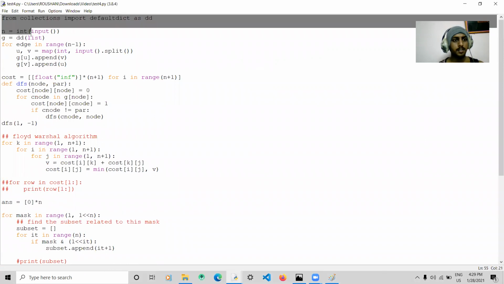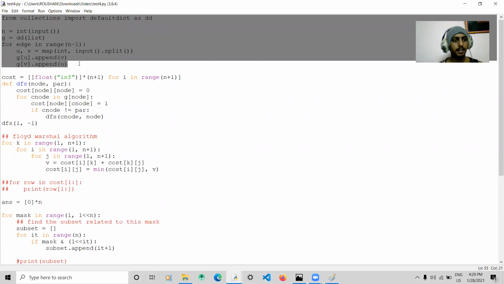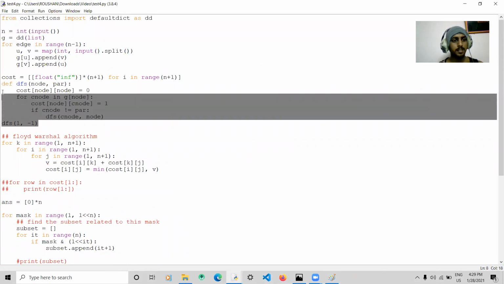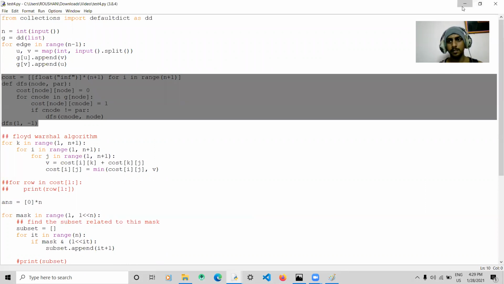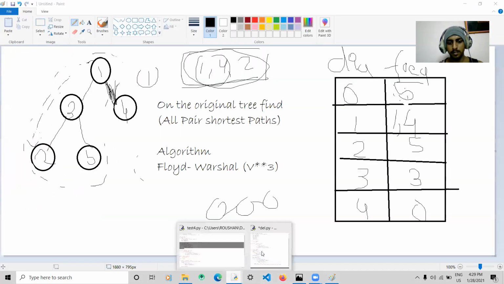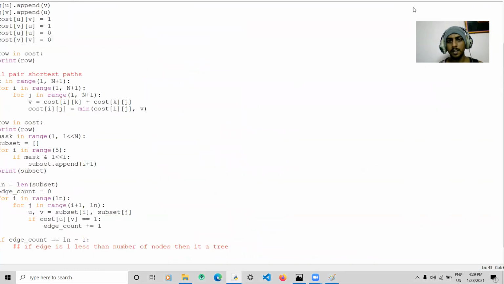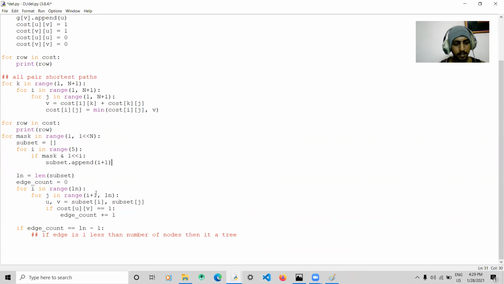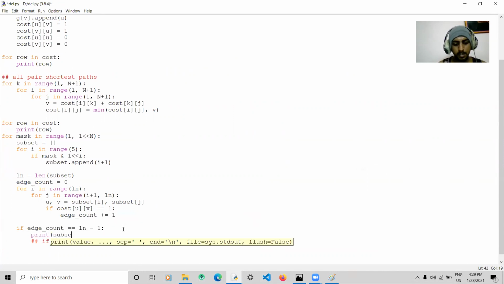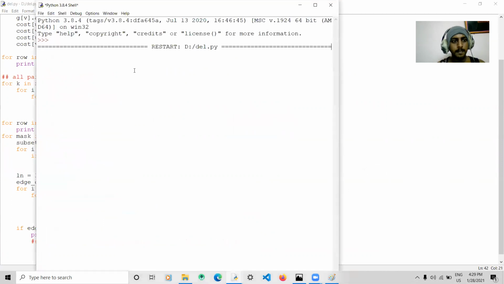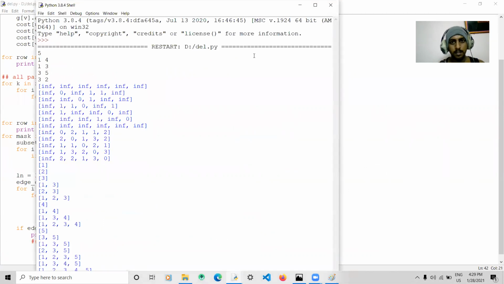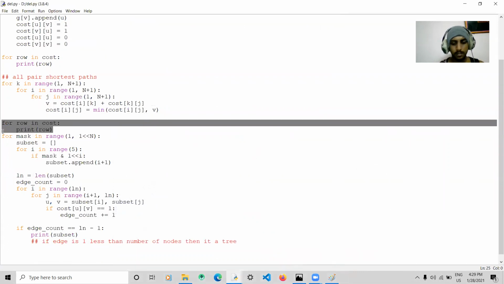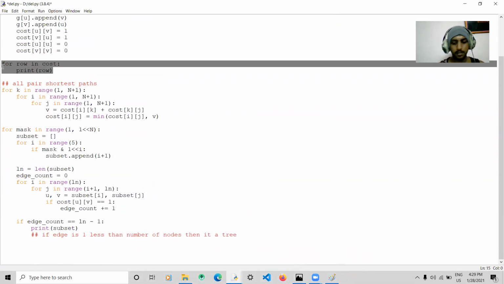See, this is what I run to make the graph. This is basically for cost. You can ignore this and look at the current one we have written here. I will show you which subsets are good. Let's just print which subset is good. We don't want cost.